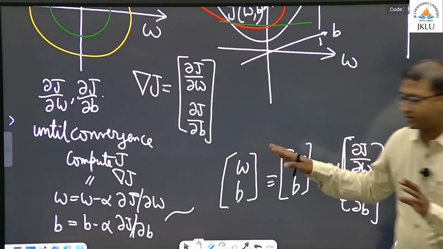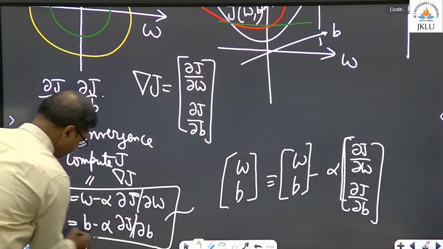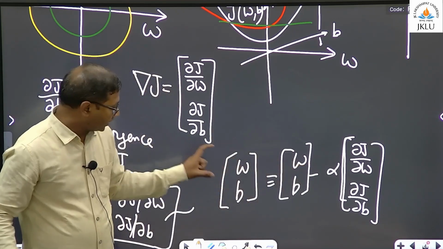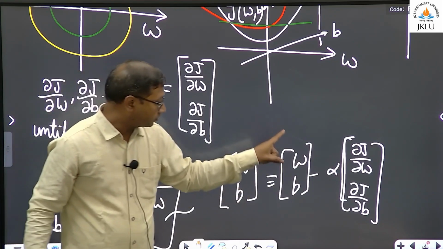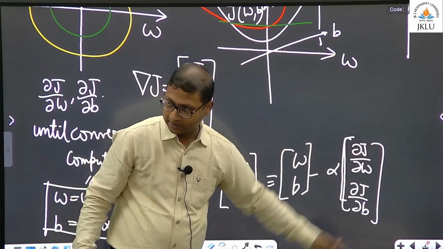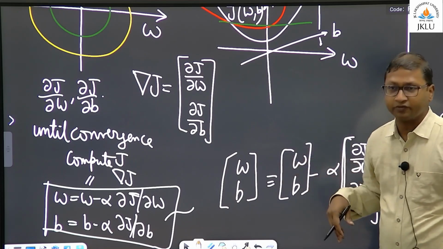So you just vectorize this equation. So instead of writing this from now on, we can just write this as a W matrix equal to W matrix minus alpha grad J, but we'll come to that later. Right now this equation is sufficient for you.